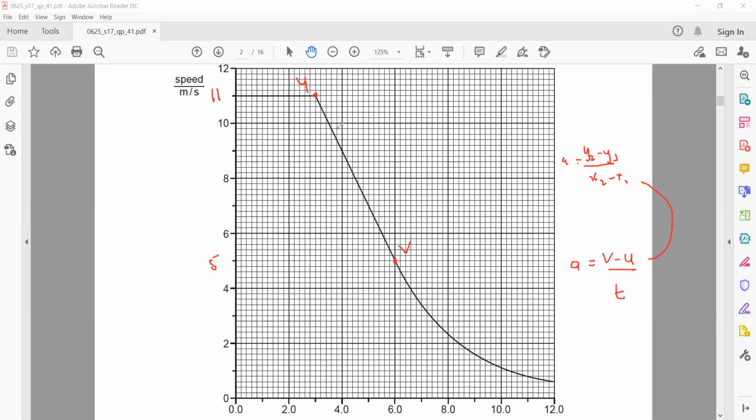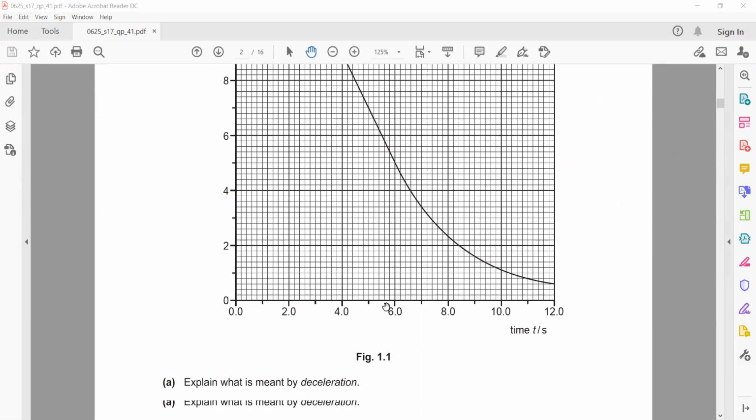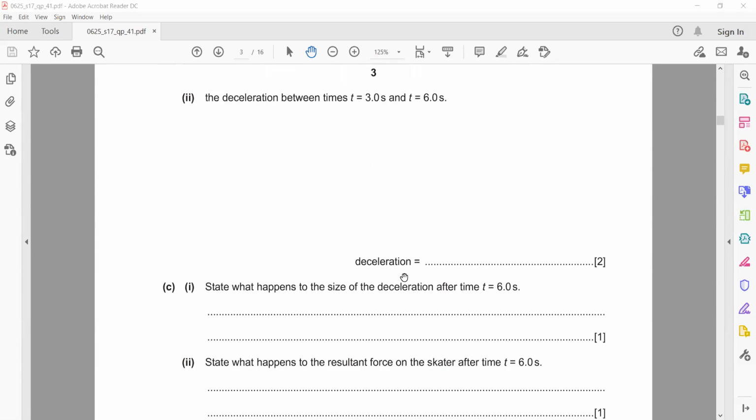And the time interval, because it started from 3 and ended at 6, is equal to 3. So 11 minus 5 divided by 3. 11 minus 5 is equal to 6, and 6 divided by 3 is equal to 2 meter per second squared. That is the acceleration of this object.